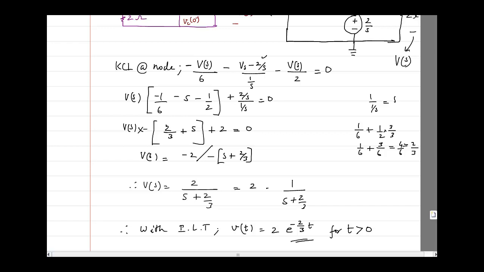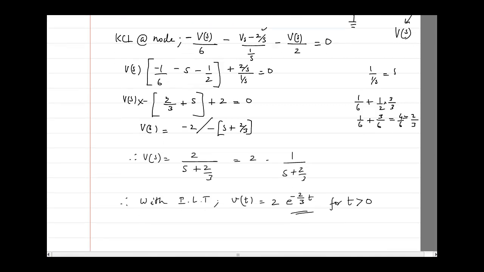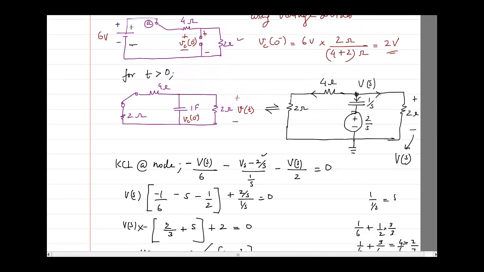So I have shown one example of inductor, another example of capacitor. See, the same one, I can do it using KVL also. How? Let me show that. So I am going to redraw that circuit.